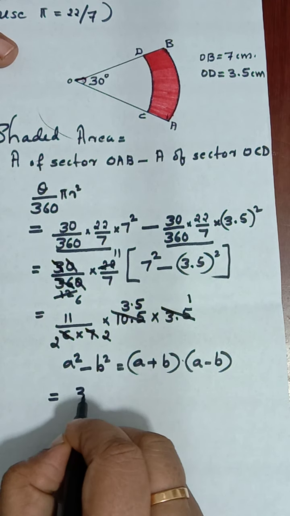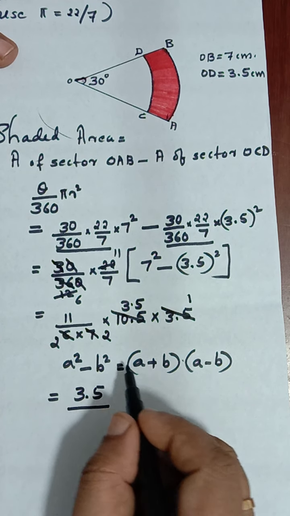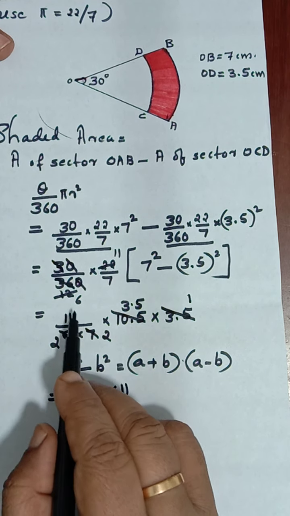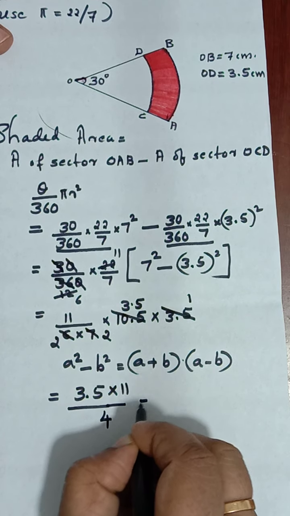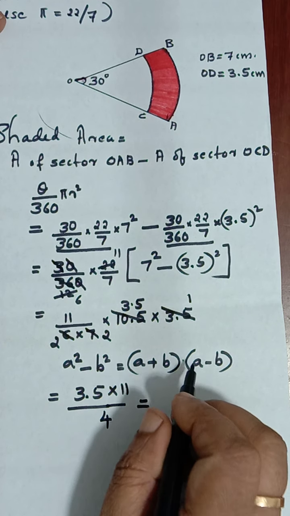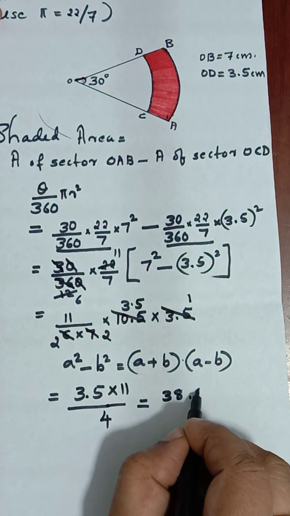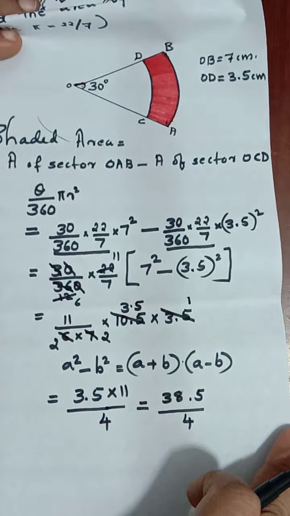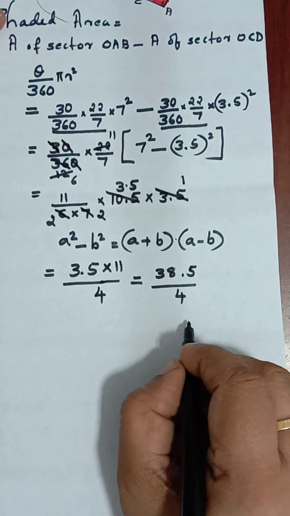So in the numerator we have only 3.5 divided by 2, and 2 twos are 4, into 11 is also there. 11 into 3.5 divided by 4. What is 3.5 into 11? Do the multiplication, it is simple. So you get 38.5 divided by 4.